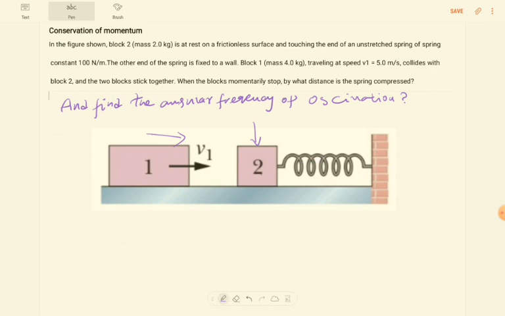The spring constant with which the block and the wall are attached is K. From the given information, the mass of the first block, M1, is 4 kilogram, and M2 is 2 kilogram. Another given is v1, which is 5 meters per second.